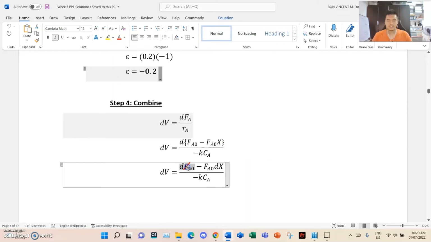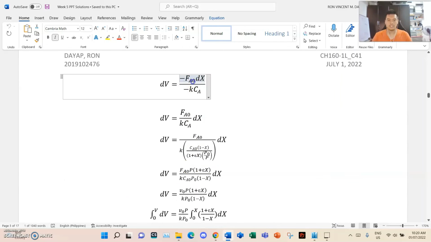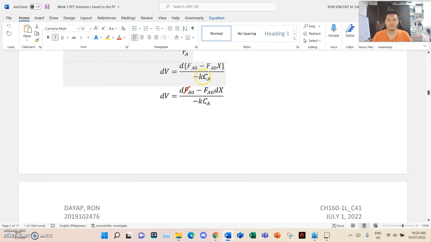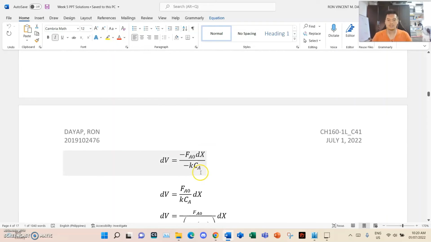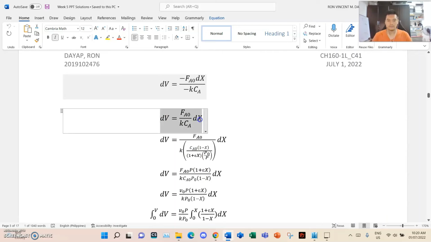We specified that there is no change with regard to the initial molar flow rate, so we'll put this as 0, and hence we're left with this form. And then remember that the reaction rate is being consumed, hence negative rA equals kCA, or rA equals negative kCA. So there's a negative sign here, and that's why this is the final form.